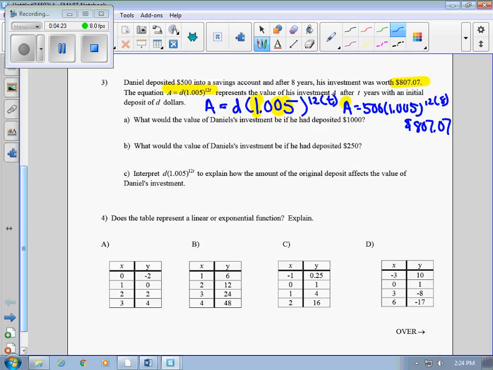So we're going to use that same formula and plug in different information. They told us that they had deposited $500. This time they're asking, how much would you get if you deposited $1,000? So we're going to reuse that same formula, A equals D times 1.005^(12 times 8).